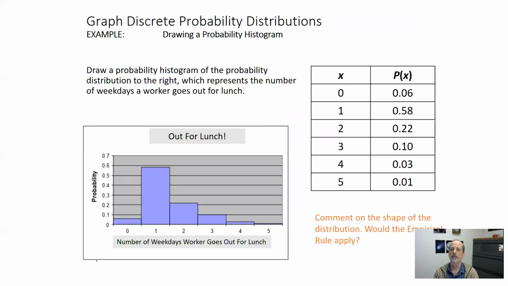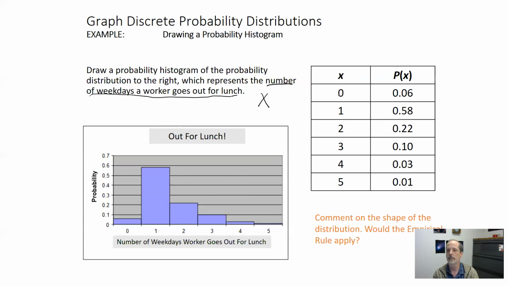Okay, and then we can also create this graph here, and let's say that our new random variable, capital X, is the number of weekdays a worker goes out for lunch. Number of weekdays a worker goes out for lunch is what we mean by capital X. Little x are the possible outcomes.